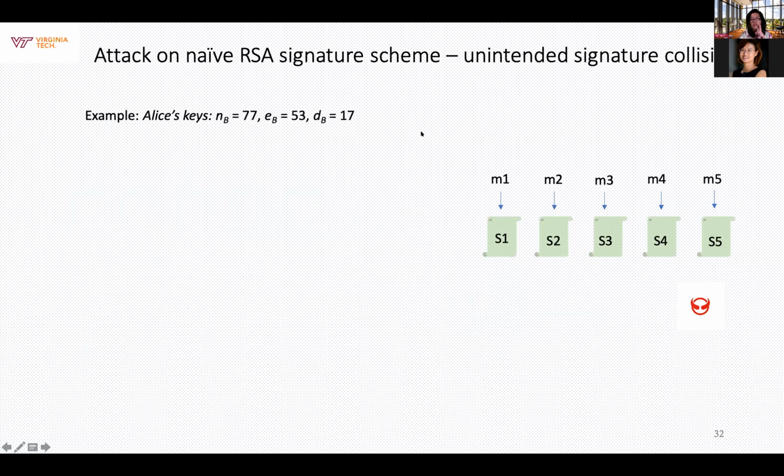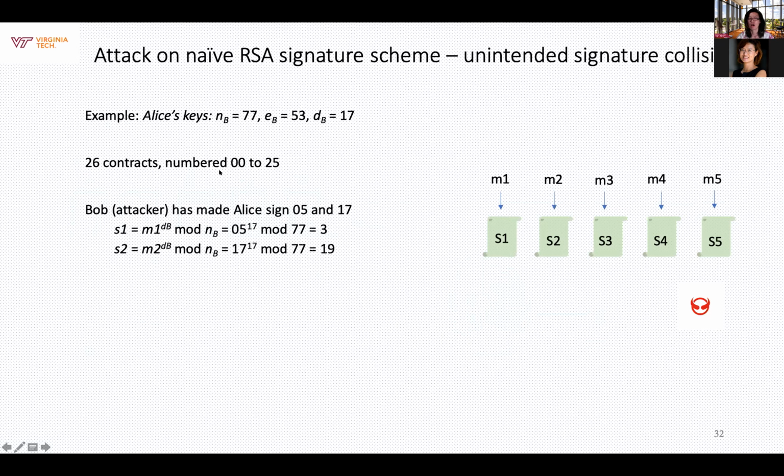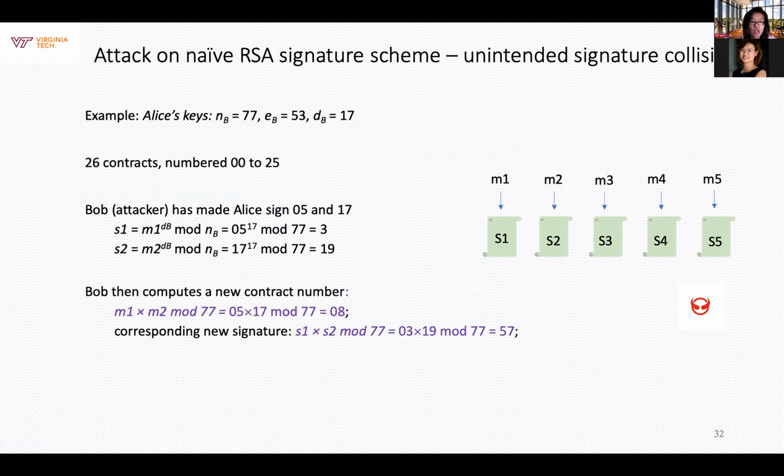Let's try to understand. Suppose we have some numbers, this type of setup, and Alice, for whatever reason, has signed the 26 contract. Bob will make her sign all these contracts because at some point Bob can multiply two contracts, namely number 5 and number 17.